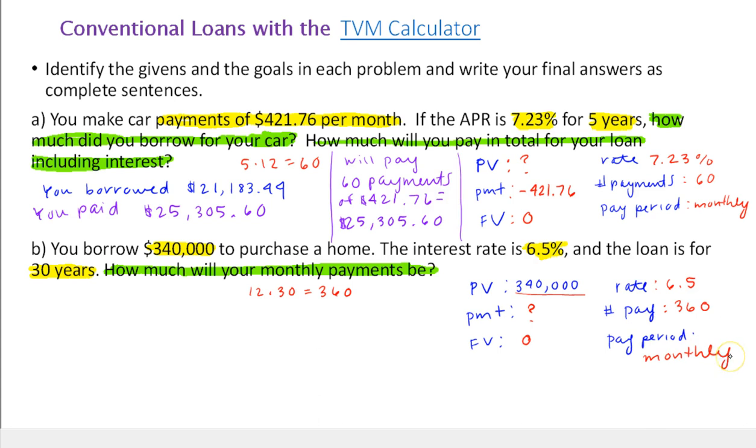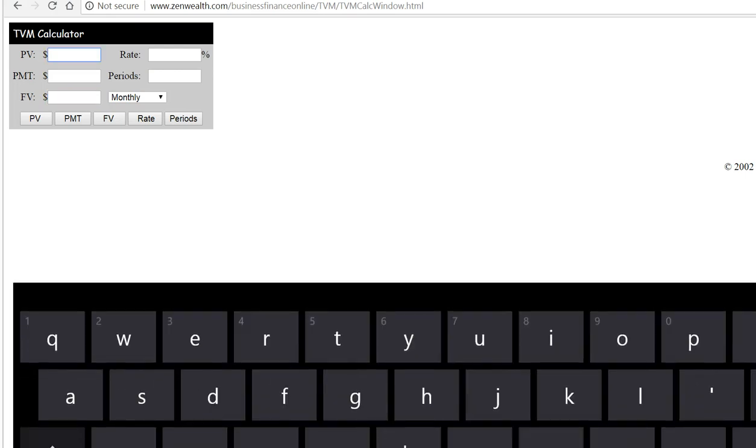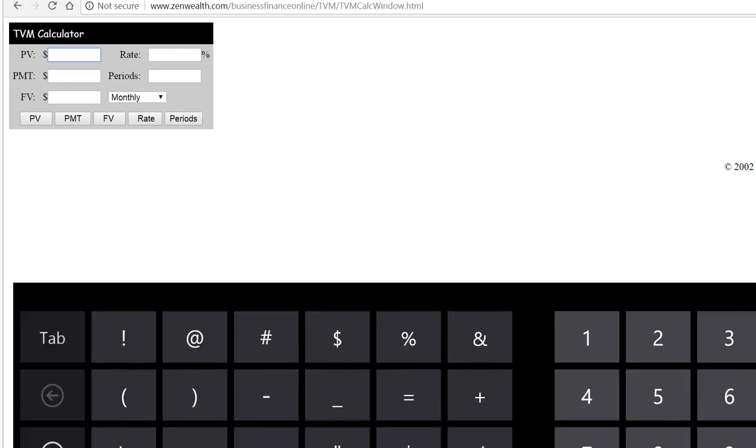Okay. So let's put this in the calculator and solve for the payment. Okay, so the present value of the loan, the amount you're given at the beginning, is $340,000. We're solving for the payment. The future value when you pay off the loan will be $0.